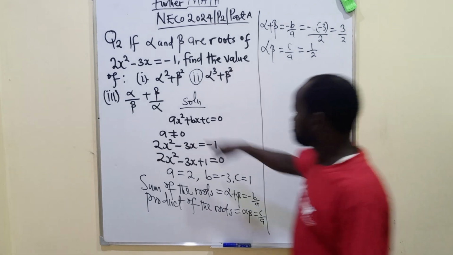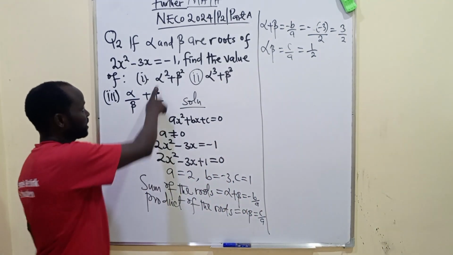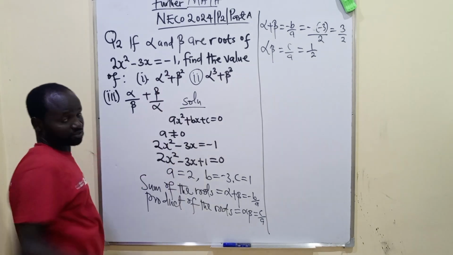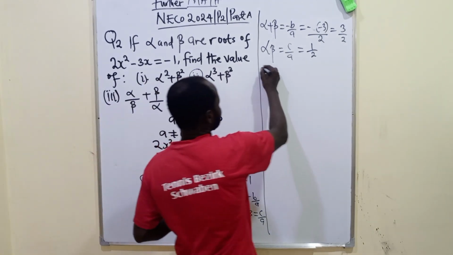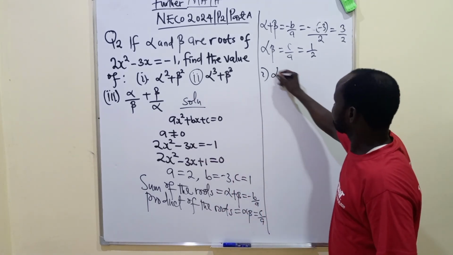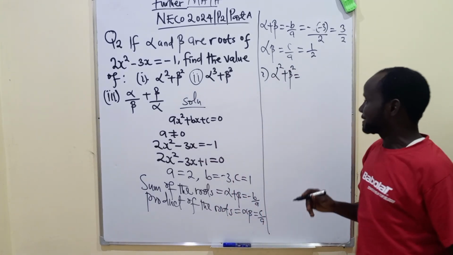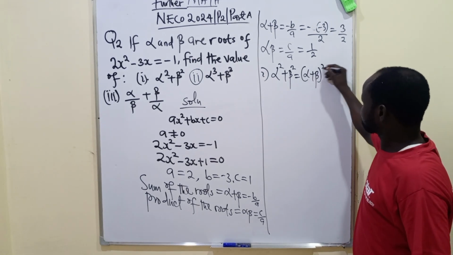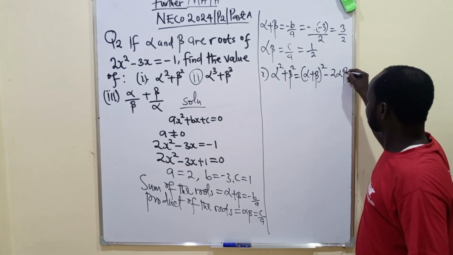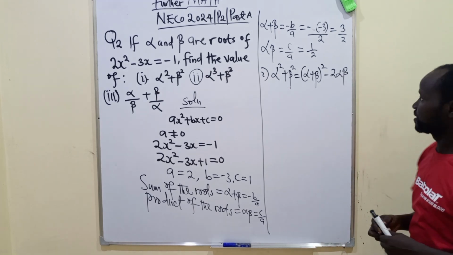So we can now quickly solve Roman numeral 1. Alpha squared plus beta squared, we use one of the identities. Alpha squared plus beta squared is the same thing as alpha plus beta all squared minus 2 alpha beta. So this is the identity for alpha squared plus beta squared.